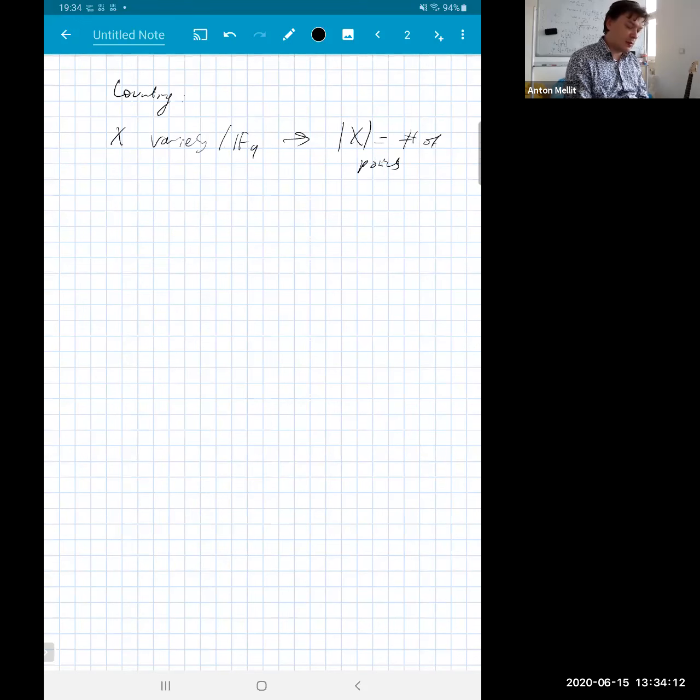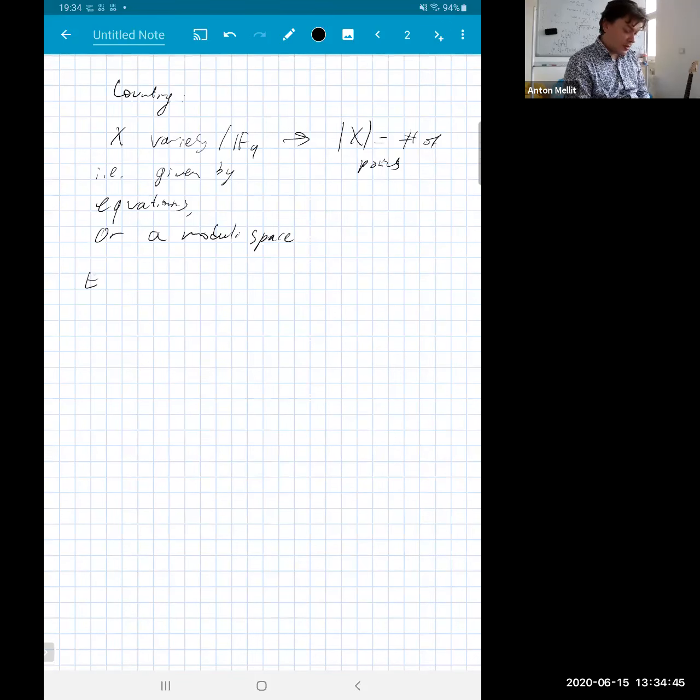So if X is given by some equations, then you solve the equations, or it counts some moduli solution to a modular problem, then you can extract the number.